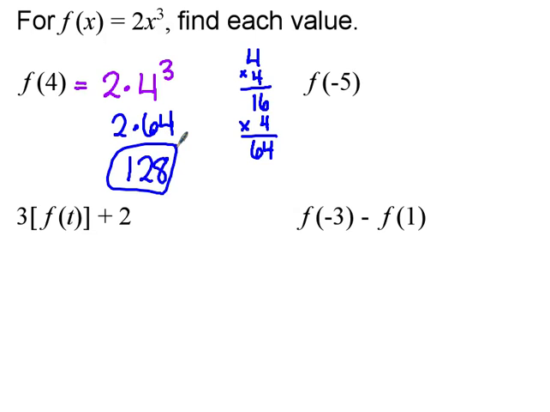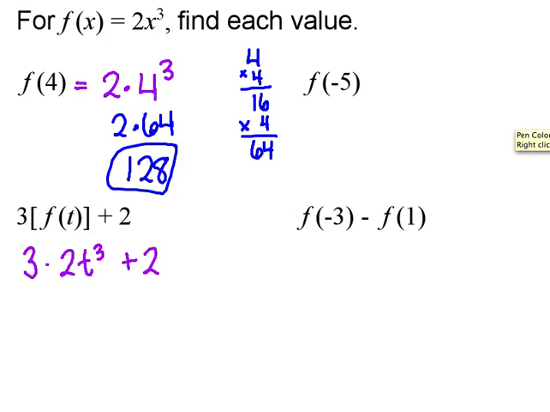Now this one, 3 times f of t plus 2. What do you do with the t? You're going to plug it in right here for the x. And so really, if I plug it in there for the x, this is all I'm getting. You can't simplify that any. What's the only thing you can do before you circle your answer?